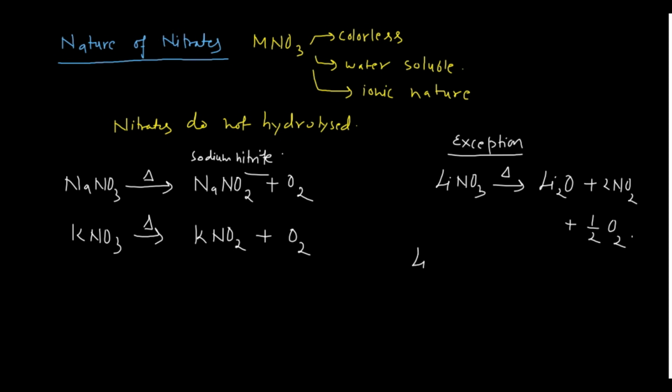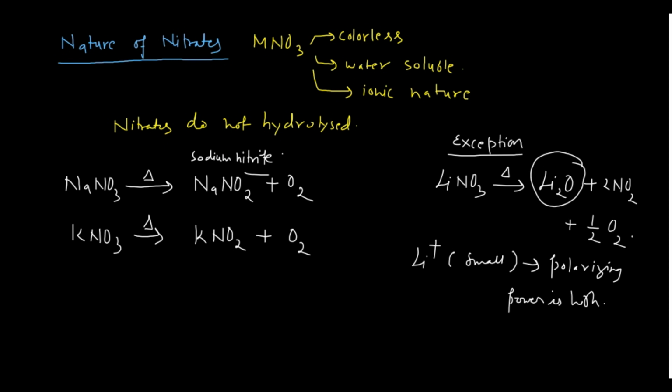Your lithium ion, Li positive, is very small, so its polarizing power is very, very high. So it will polarize oxygen to form lithium oxide. Okay, because the oxide is also a very small ion. So they actually interact to form lithium oxide. If you don't know about polarization and polarizability and Fajans rule, again you can check the description box. I am giving the link of the Fajans rules.